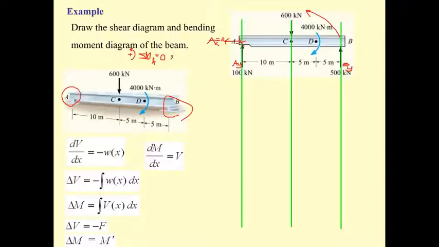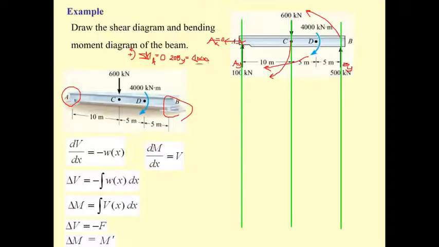So we get 20 times B sub y. Then it's equal to, this moment is in the opposite direction, equal to 4,000. And the moment from the 600 kilonewton also rotates in this direction, times the distance of 10.